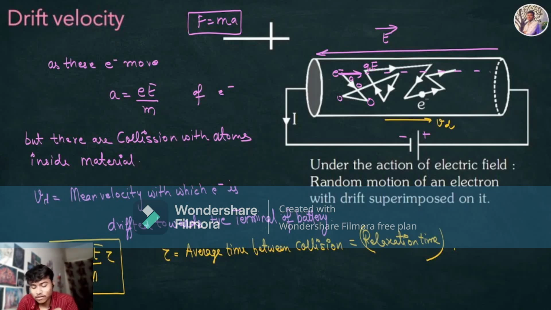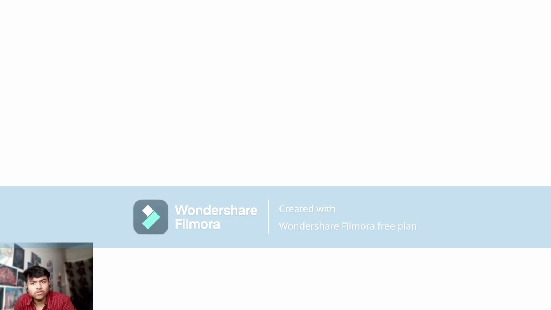So we find the relaxation time, and then we can find the drift velocity. The formula is E tau by m, where there are collisions between atoms. We can also say that drift velocity is the mean velocity of all electrons drifting towards the terminal of the battery. Since there is random motion, it is called drift velocity.